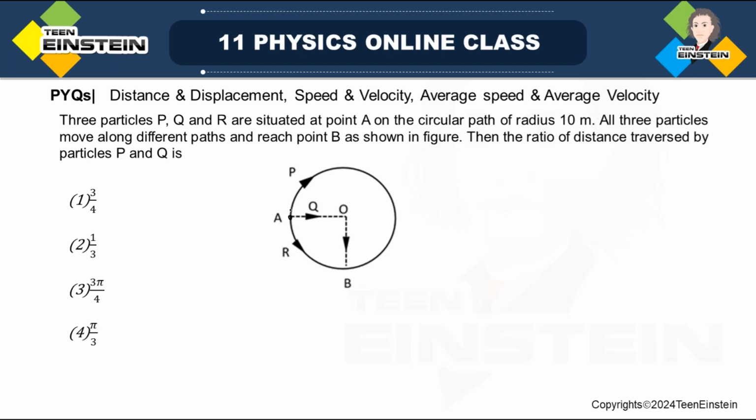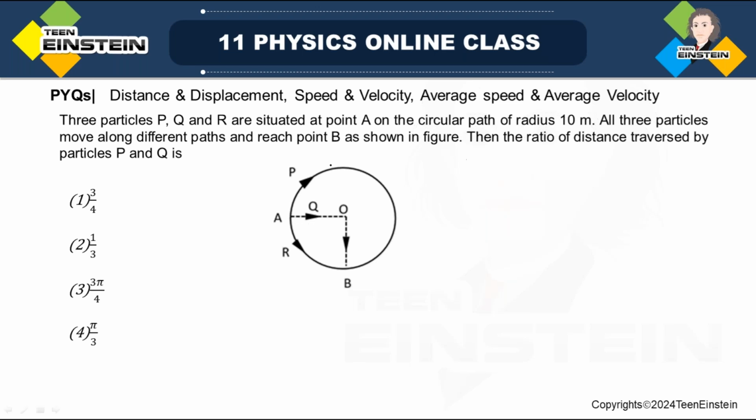All three particles start from A, but they move in different paths to reach B. This P is going all the way up to B. R is moving in this direction and Q is moving along this direction. Now what is the question?